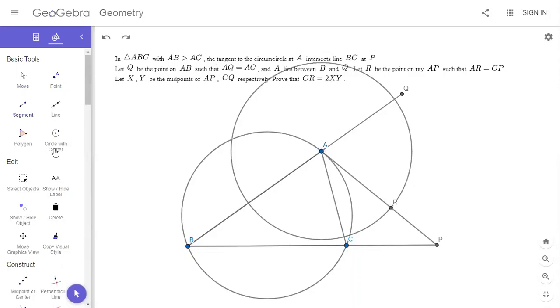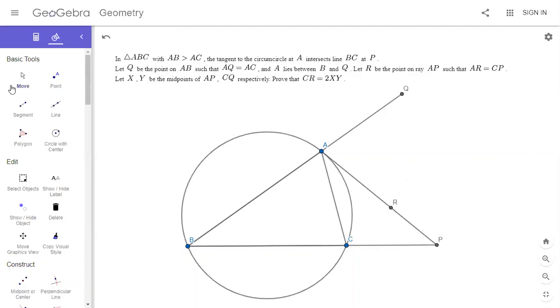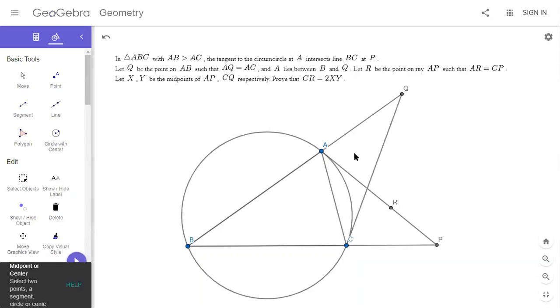Whoops, I don't need to do anything here, just hide the circle. Let X and Y be the midpoints of AP and CQ. We want to show that CR is equal to 2XY.